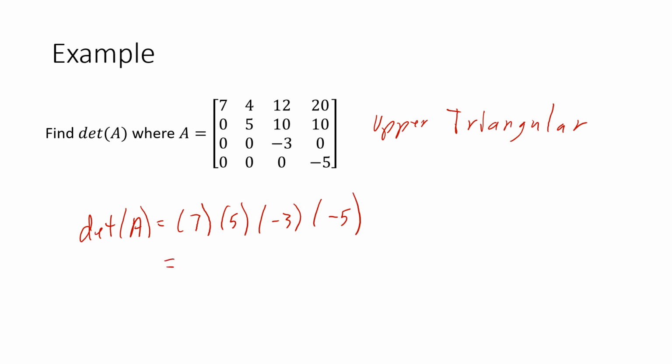What do you get? 7 times 5 is equal to 35. -3 times -5 is equal to 15. So 35 times 15, if you multiply that out, is equal to 525. See how easy it is to get that? If that was not a triangular matrix, you would have to do the cofactor expansion, and you would have to do a lot of terms.